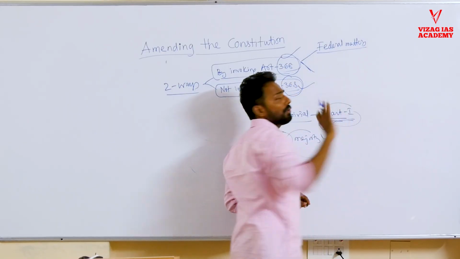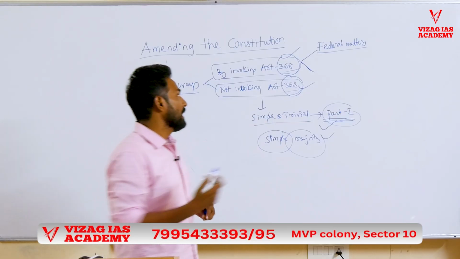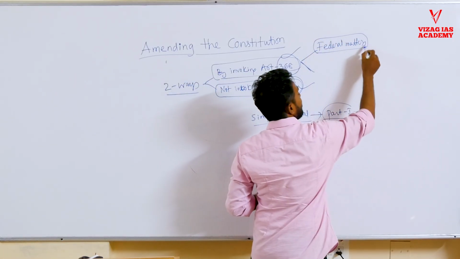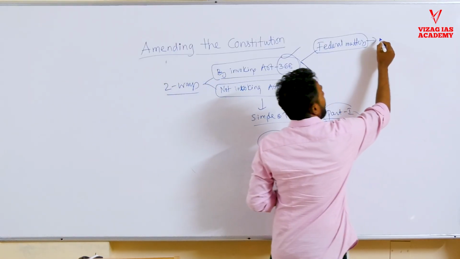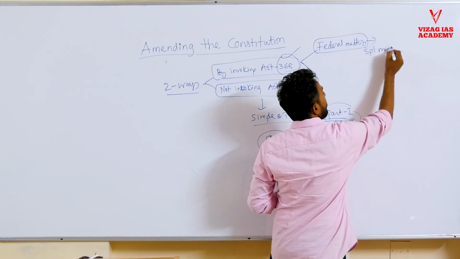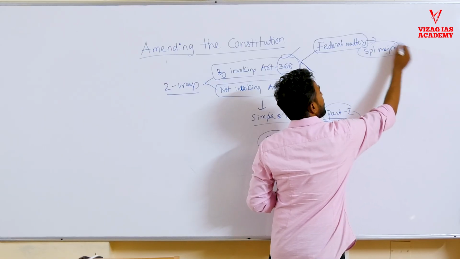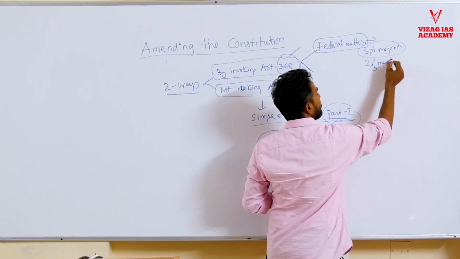Federal matters are those matters which involve the relationships between the center and the states. For center-state related matters, you have to use a special majority, which is a two-third majority.